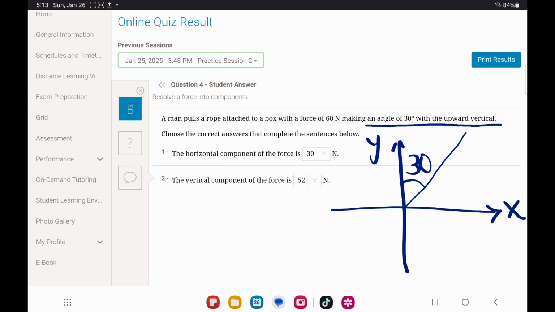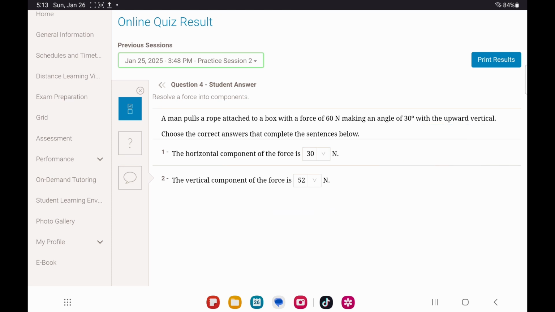You remember what I told you why it has to be making an angle with the x-axis and not the y? So we have to flip it to find the angle for the x-axis. We know that this angle here is 90. So 90 minus 30 equals 60. So that's the angle we'll be using.